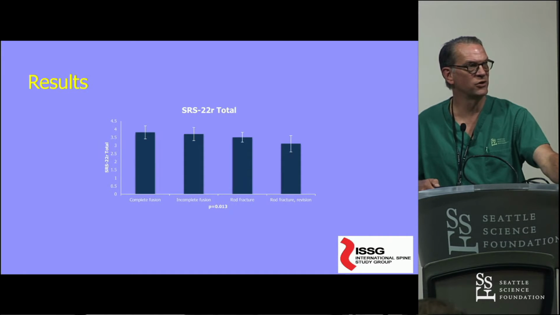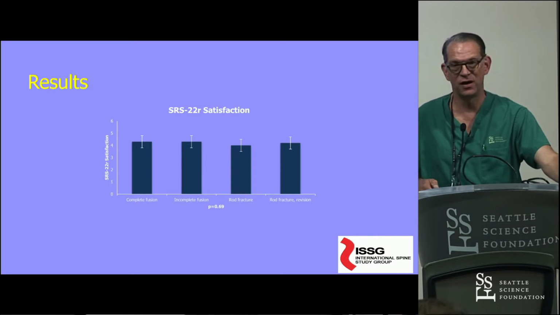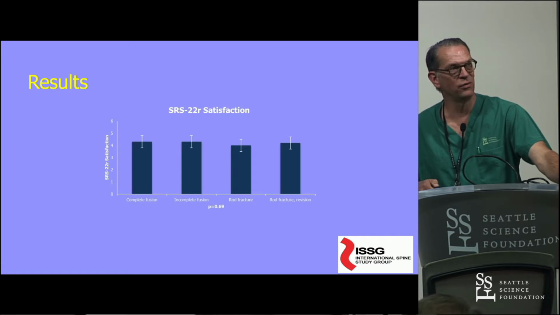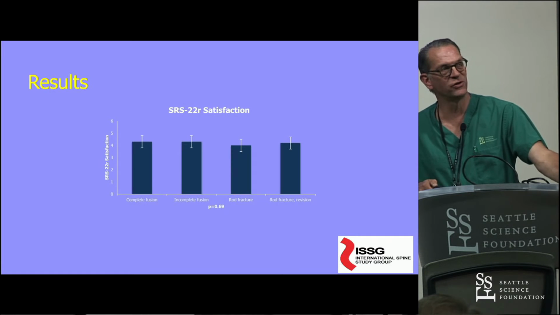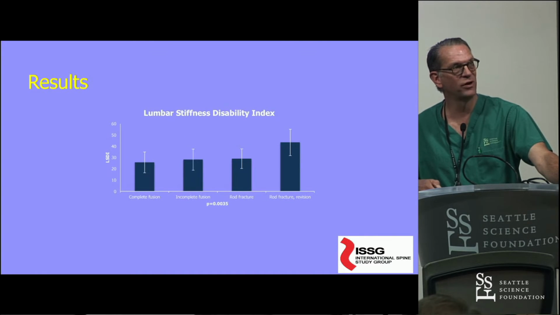Again, a much smaller spectrum of numerical difference. Similarly for the activity subscale of the SRS, and for the pain subscale on the SRS score. Satisfaction score is relatively unaffected by this. Again, I think we know that the drivers of satisfaction lay more in the realm perhaps of interactions with the physician and care team and hospital than they do with the actual clinical outcomes.